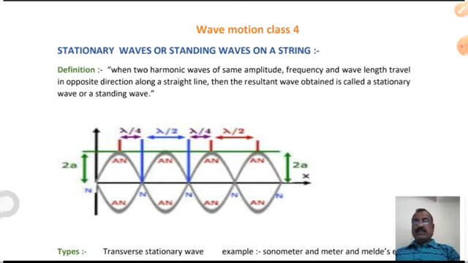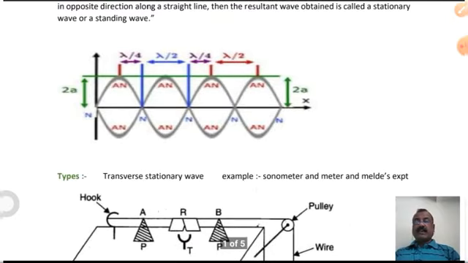The stationary wave or standing wave can be represented like this. Let us consider this one wave is moving like this, gets reflected and superimposed, forming a new type of wave called stationary wave.